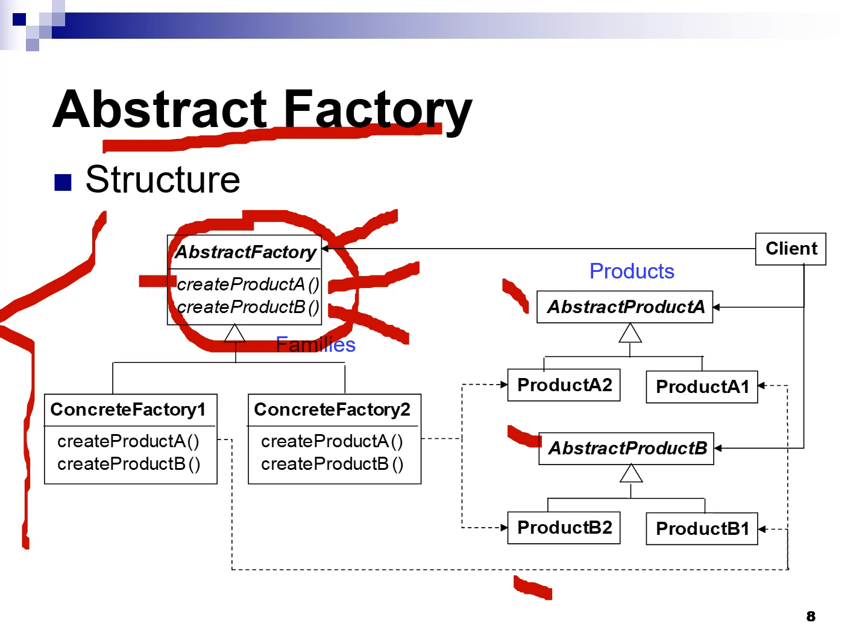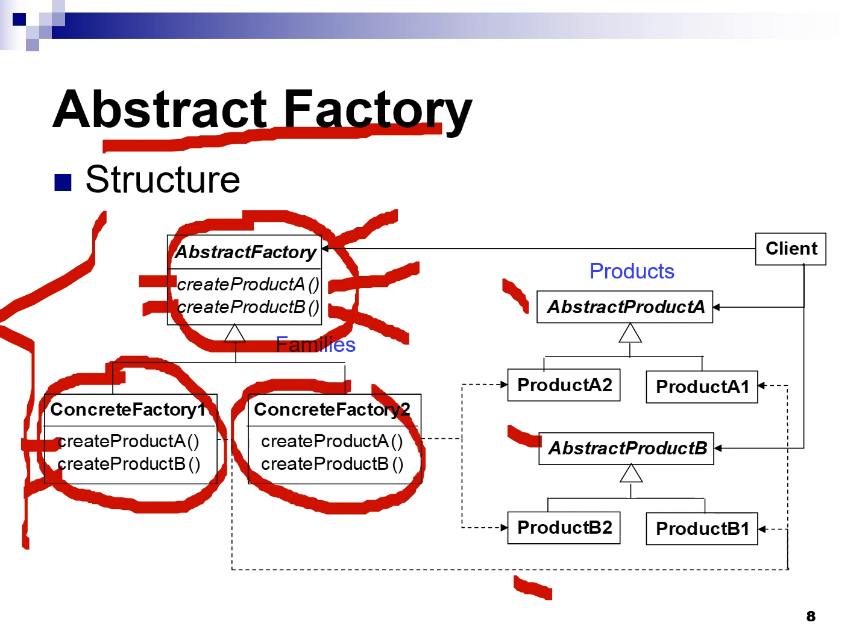And here these are basically factory methods. They can be abstract, as in this case, but you can also provide a default implementation. And then you will have concrete factories, which are concrete classes that override these factory methods here. So here we have two concrete factories. You have a concrete factory for each product type.